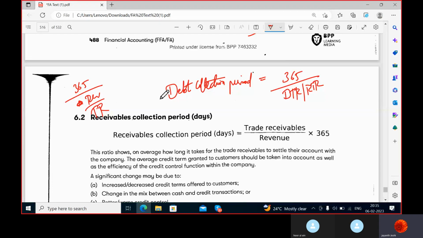So again, the fraction is in the denominator, so the trade receivables will go up, and it becomes 365 into trade receivables by revenue. Okay, please make a note of this. If done, inform me, I'll go next.